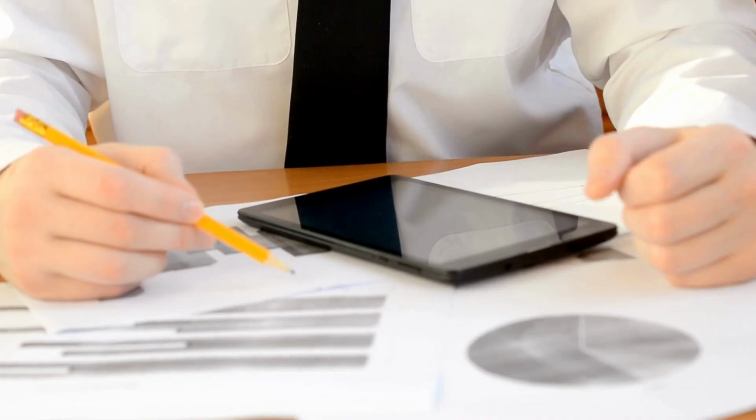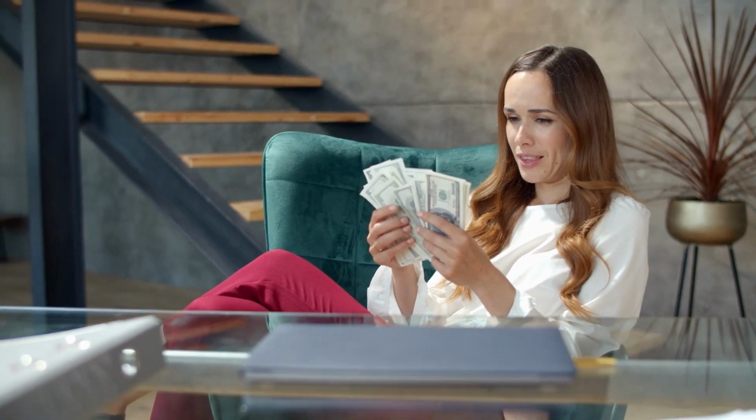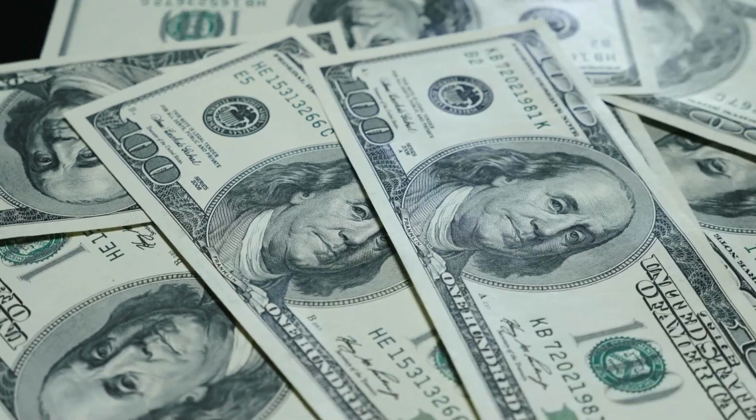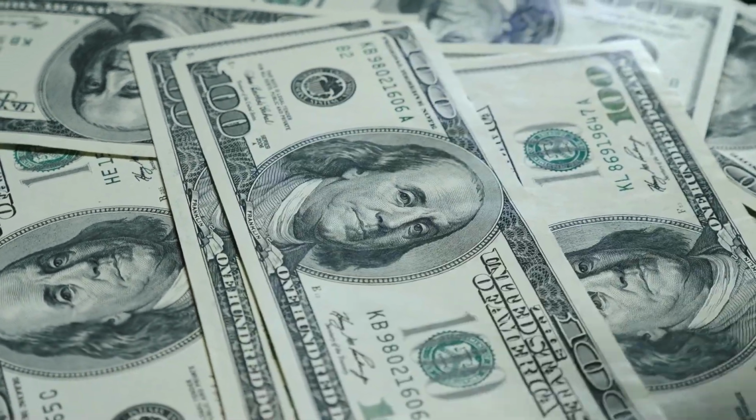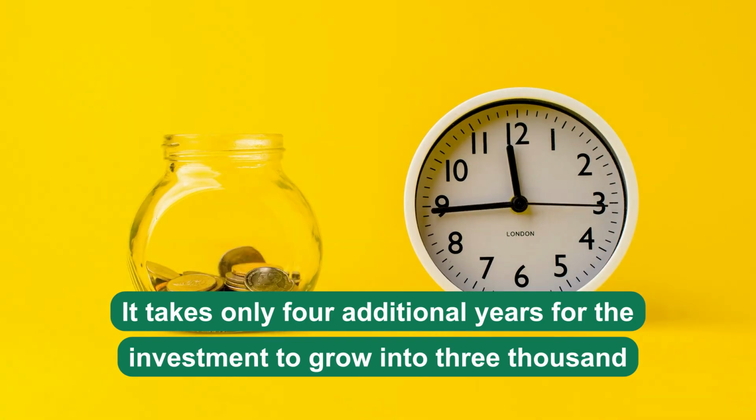You can see this clearly by looking at how fast $1,000 is earned after 9 years. The first $1,000 doubled to over $2,000, and it goes even faster. It takes only 4 additional years for the investment to grow to $3,000. And after that, $4,000 is reached in less than 3 years.